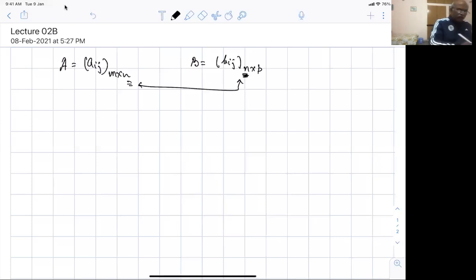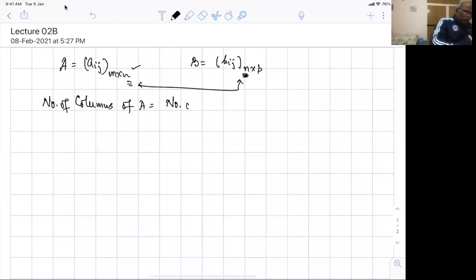The number of columns of A should be equal to the number of rows of B. This is what you need to talk of AB. Once you've talked of this, N and N cancel out, and you get a matrix of size M cross P.